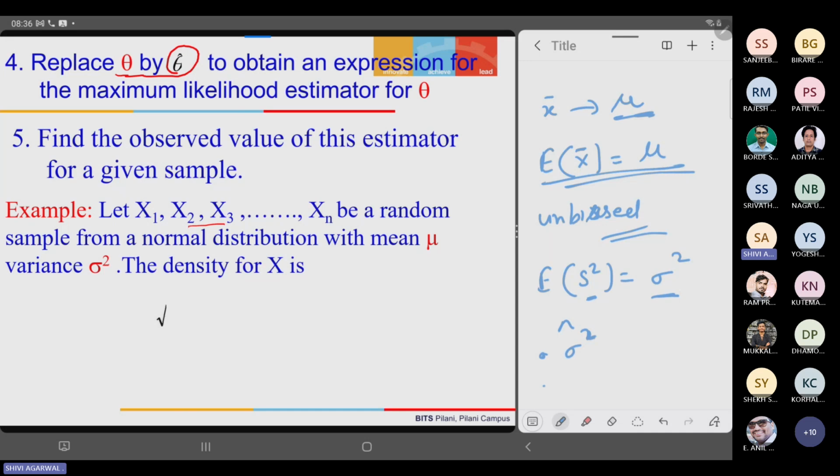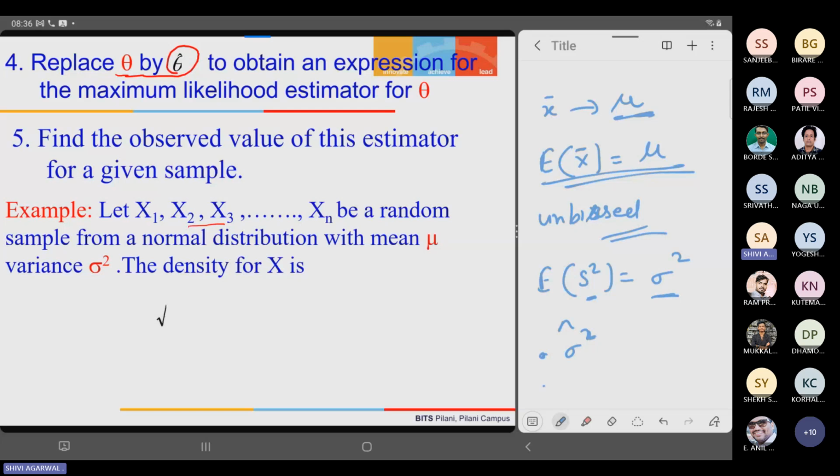This is just a step, just an algorithm to do the questions, basically. That's why the theory is not coming in the examination.